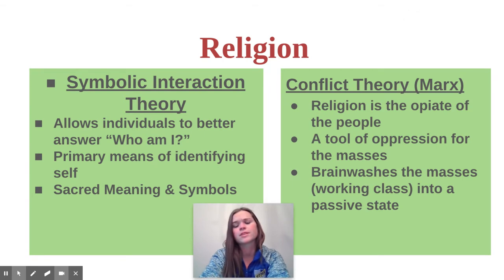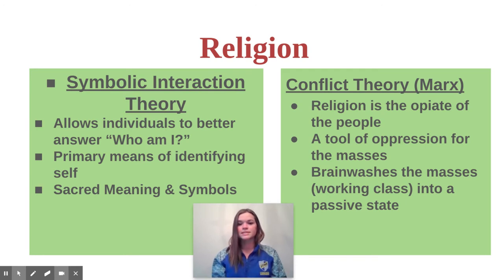Then we have the conflict theory, okay? Karl Marx's conflict theory, that religion is the opioid of the people. He believes that it's a tool of oppression for the masses. Okay, Karl Marx believes that religion brainwashes the masses, which he refers to as the working class, into a passive state.